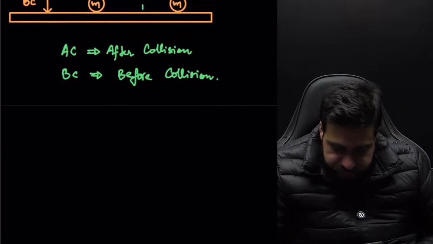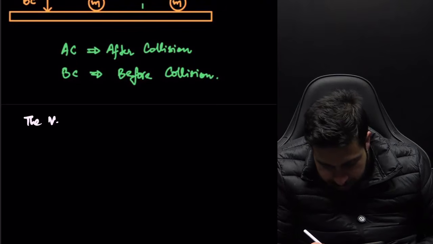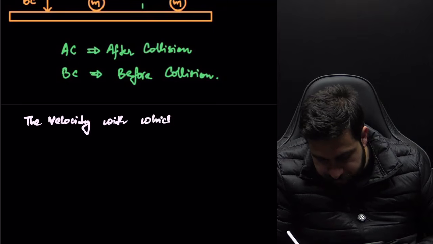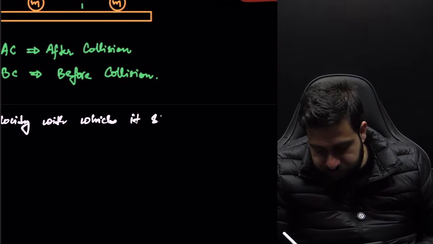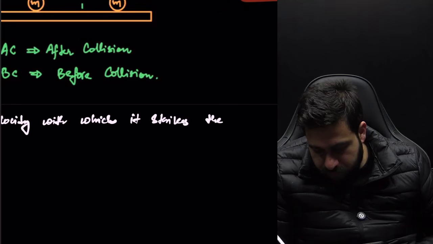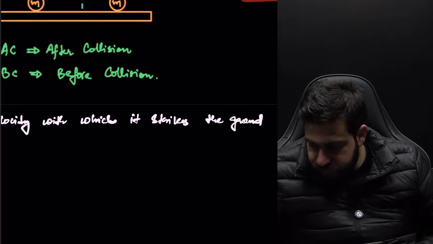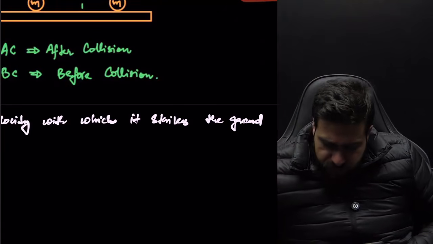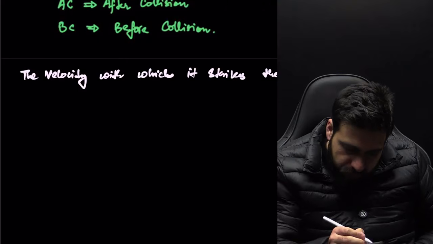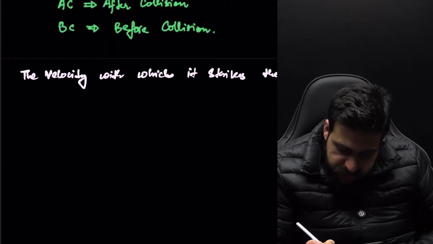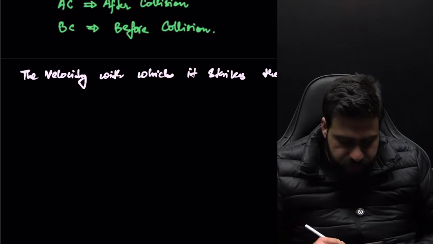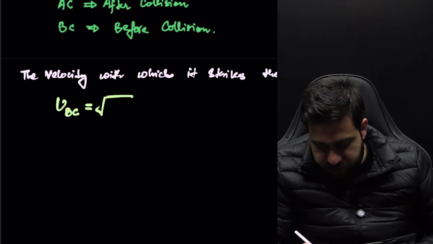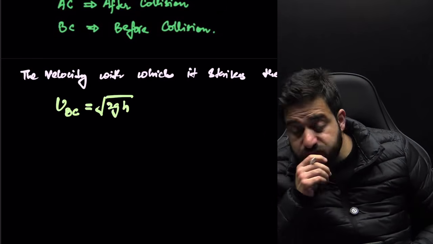We say the velocity with which it strikes the ground. Listen carefully: that is UBC. If an object is released from a certain height, with what velocity does it strike the ground? Under root of 2gh. This we have studied already.